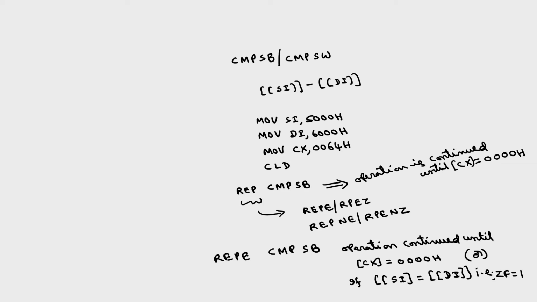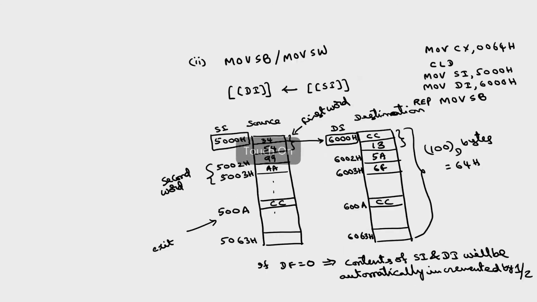So, this operation will be continued while these are equal, and if they are not equal, then it will quit. There is an additional thing: over these 100 bytes, this data should be equal. At any point if data is not equal, even if it has not completed 64 comparisons, it will quit.